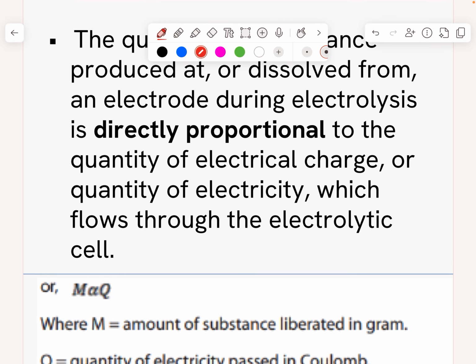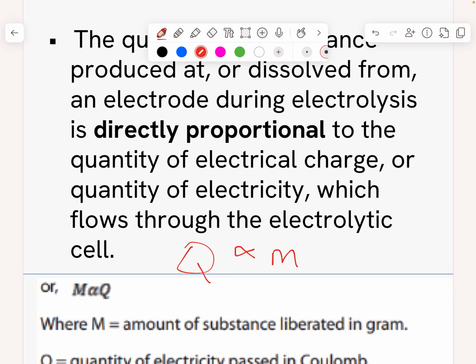So basically what it is saying is that the quantity of electrical charge, Q, is directly proportional, we use this sign here, to the mass of the substance that is deposited at the electrode. Why? Because a particular amount of electrons going around the circuit will cause a particular amount of mass to be produced.